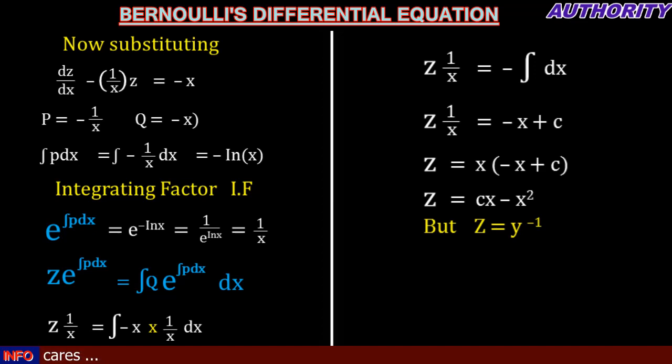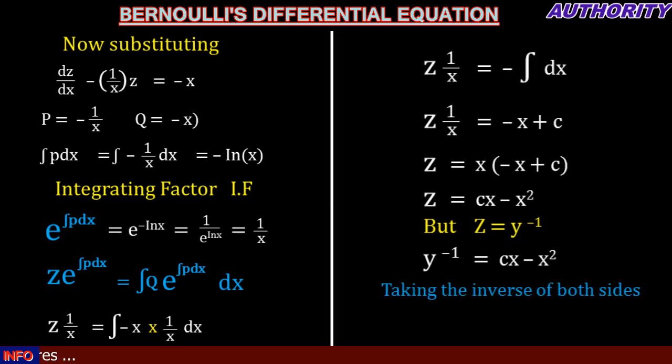So in place of this z, we'll replace it with y raised to power minus 1. So we have y raised to power minus 1 is equal to cx minus x squared. We are looking for y, not the inverse of y.